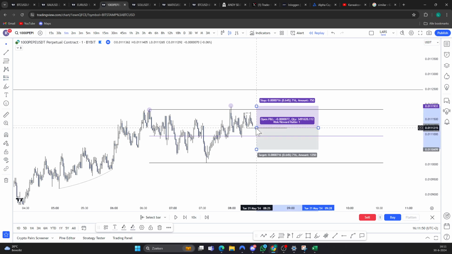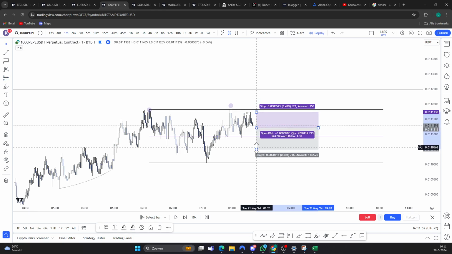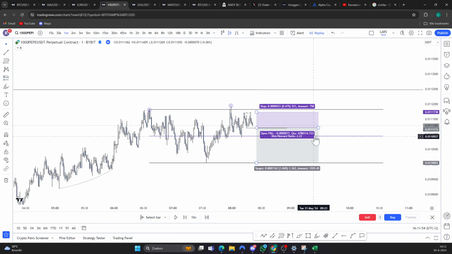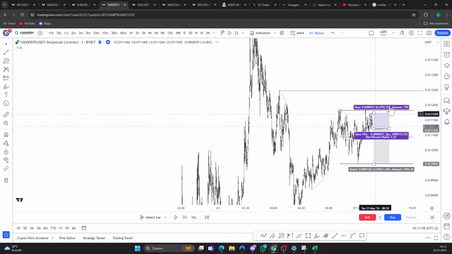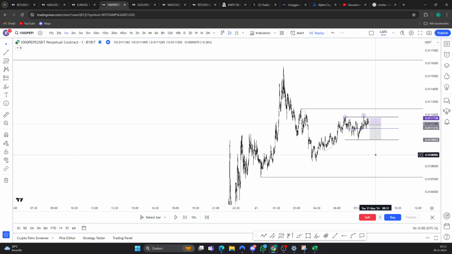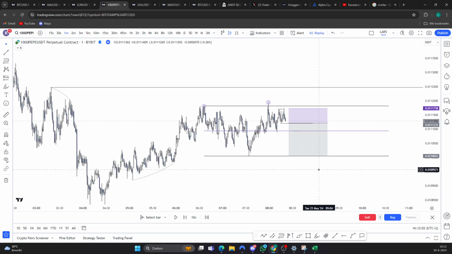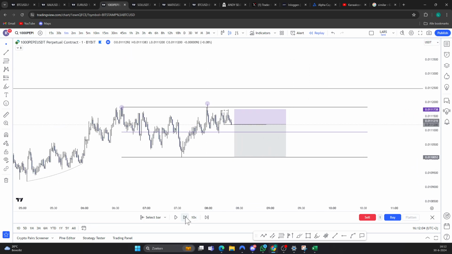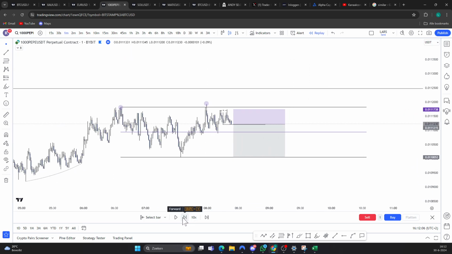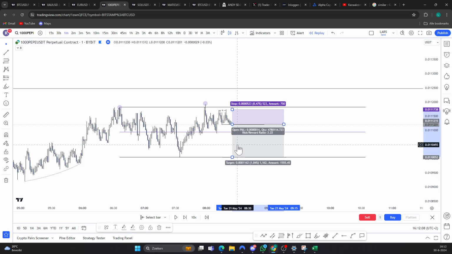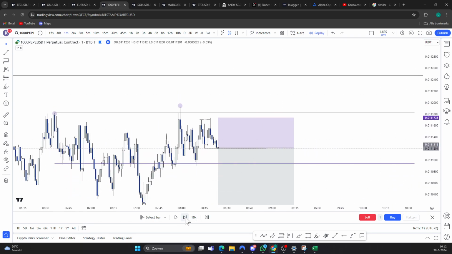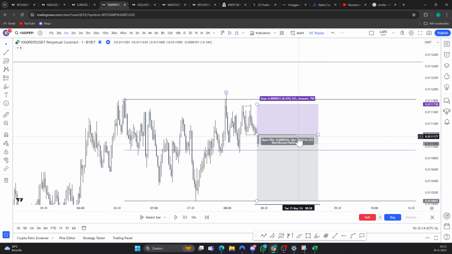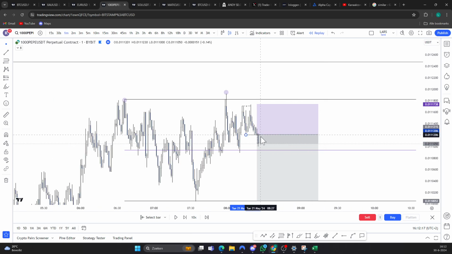It's a bit on the lower time frame though, but the risk reward is worth it. Very tiny break. There you go. This is your break of structure.